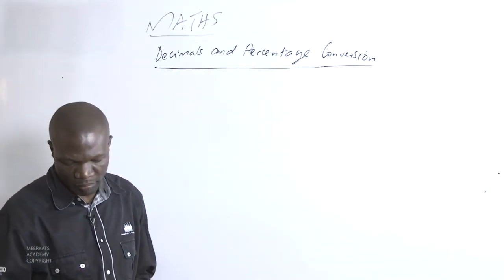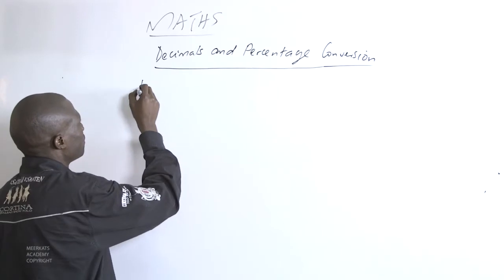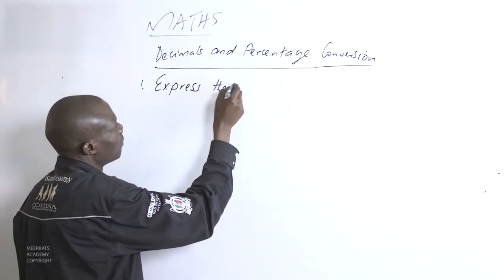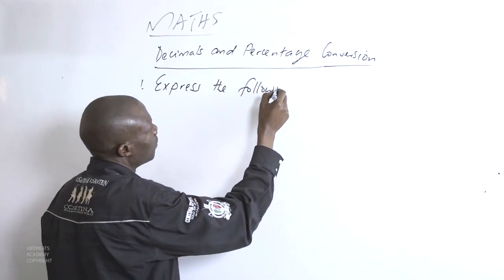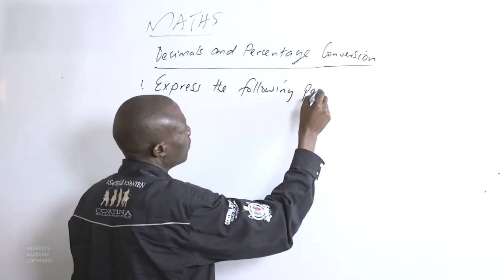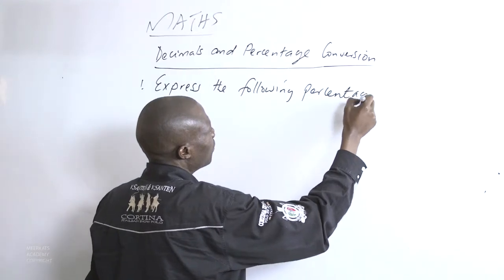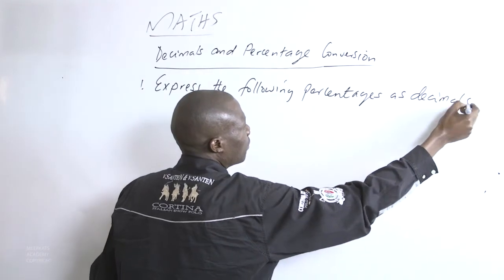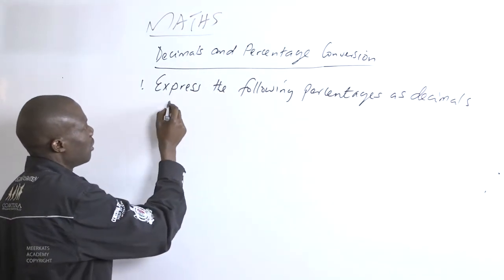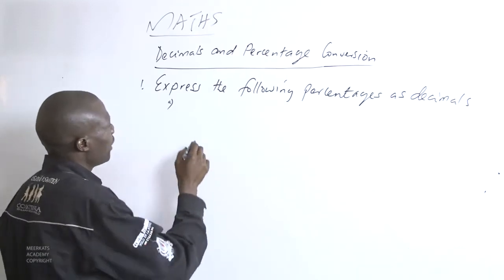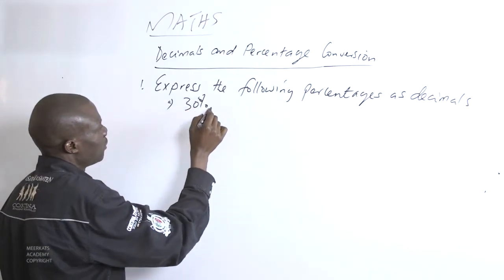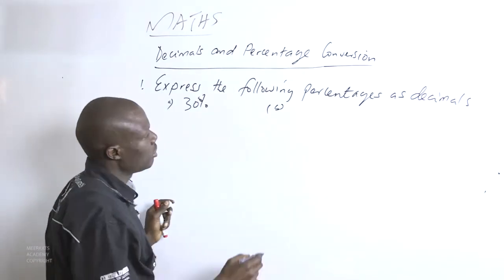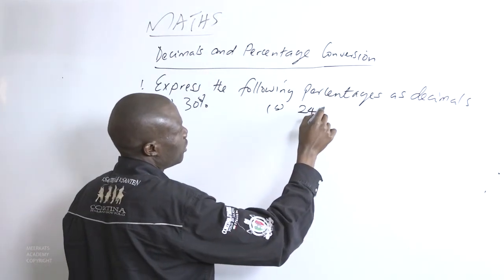Let us look at these examples. Express the following percentages as decimals. A, we have 30%, and B, we have 240%.